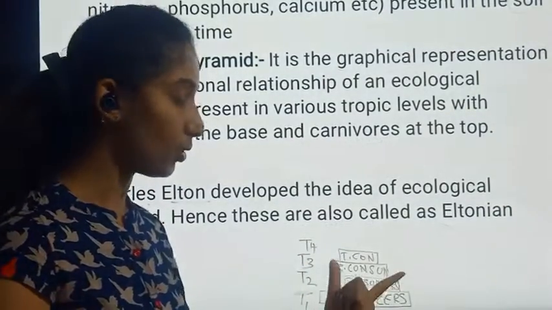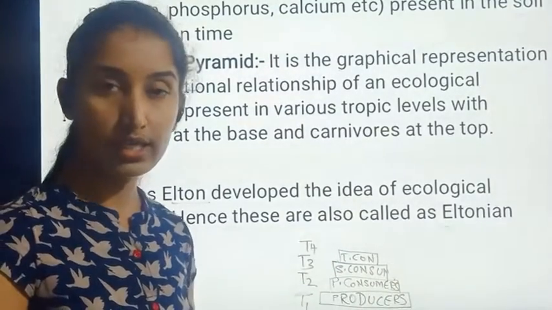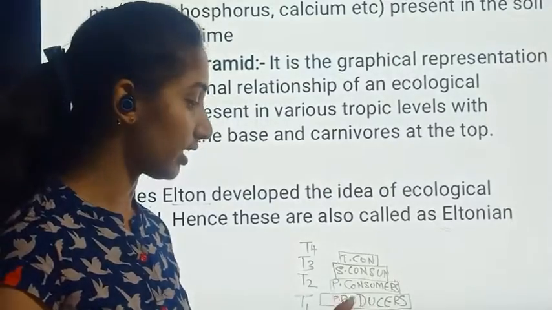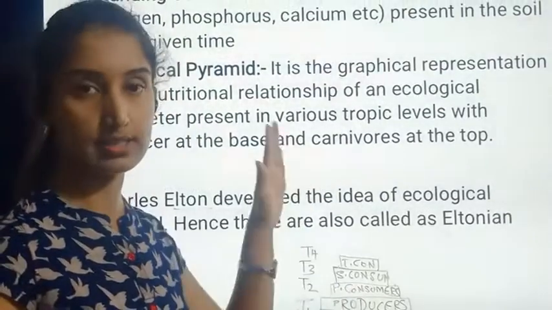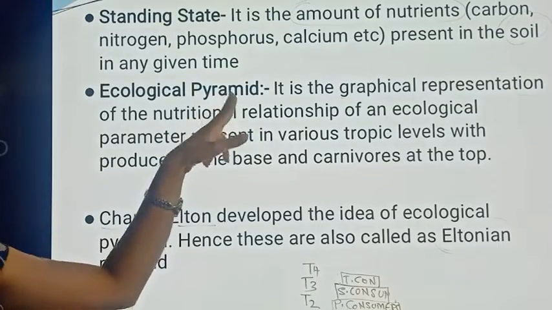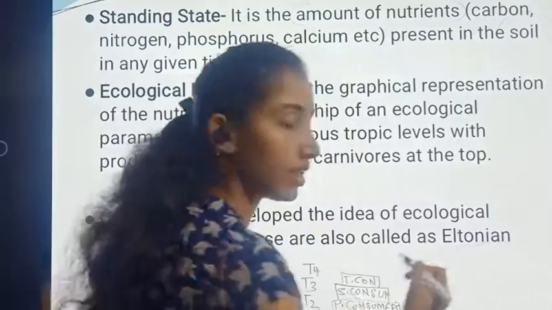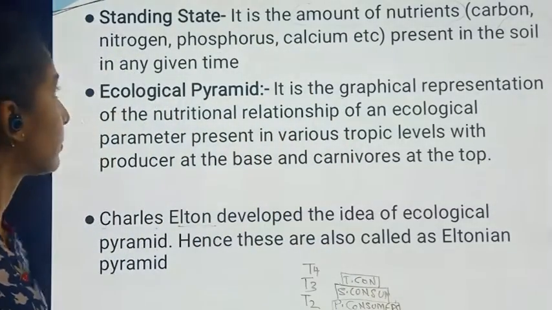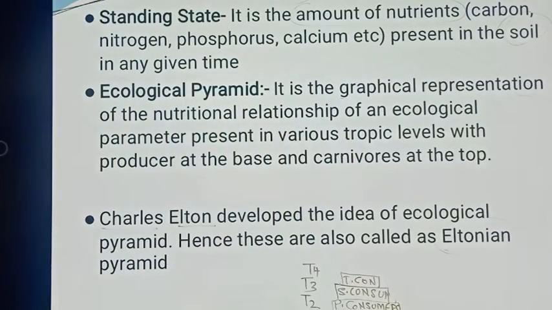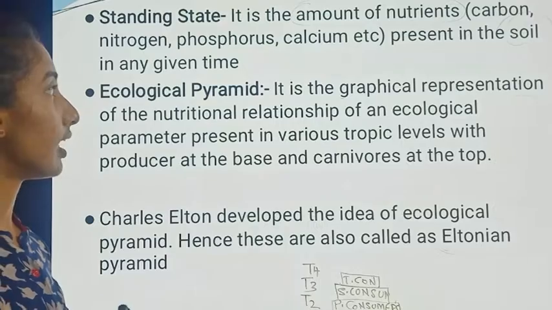This is how the pyramid of various organisms is constructed, and this is what is called the ecological pyramid, which is also called the Eltonian pyramid. This is how the pyramid is described, and we shall discuss the next types.